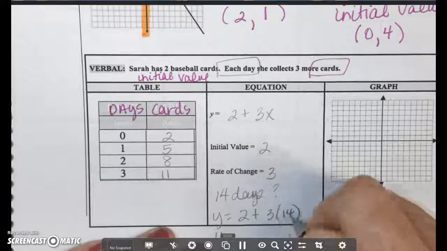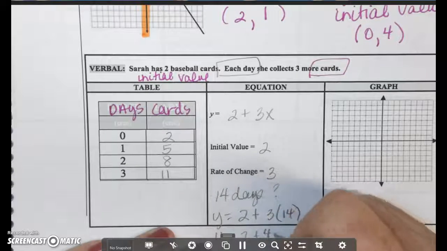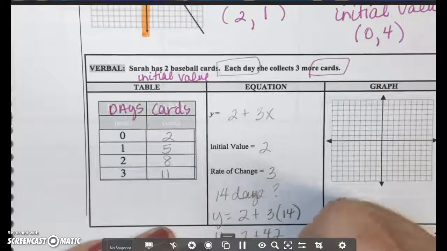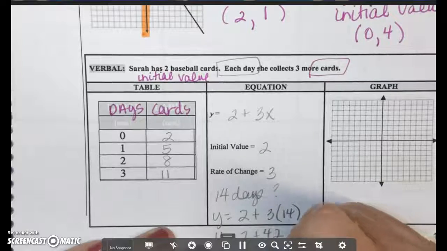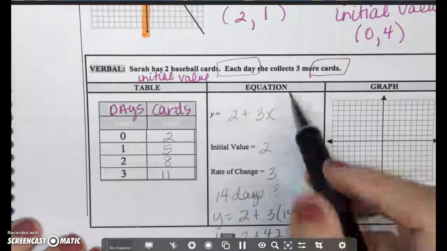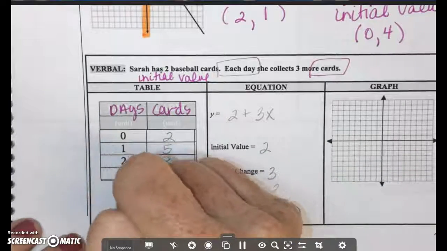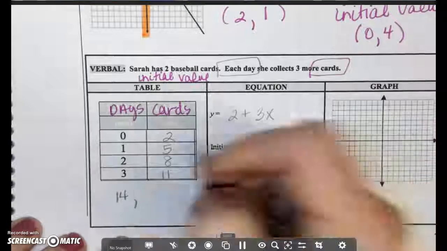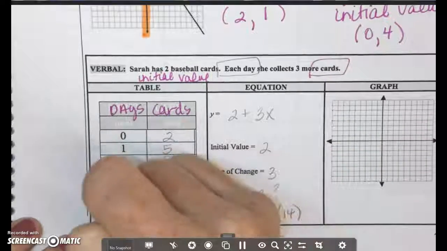So 3 times 14 is 42. So after 14 days she would have 44 cards. And the way you would write that coordinate point is 14 is the number of days that went by, and she would have 44 cards when she's done.